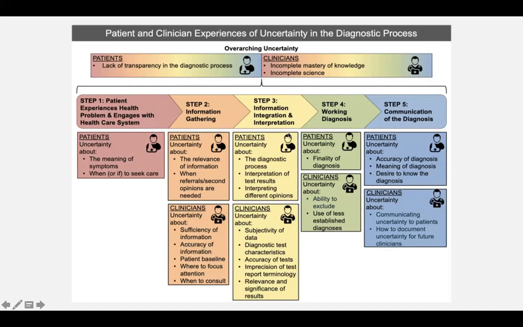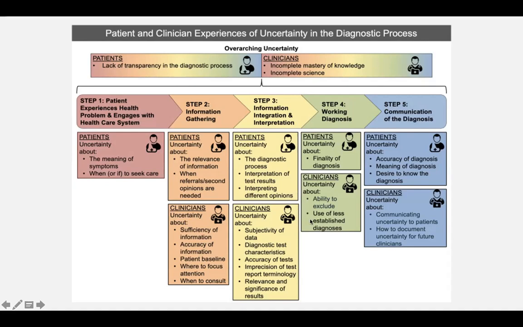And then step three is integration or interpretation of the information collectively, right? So it can be objective uncertainty or subjective uncertainty from the physician. And then while working on the diagnosis, there is the ability to exclude the provisional diagnosis or definite diagnosis by the healthcare system or by the doctor.